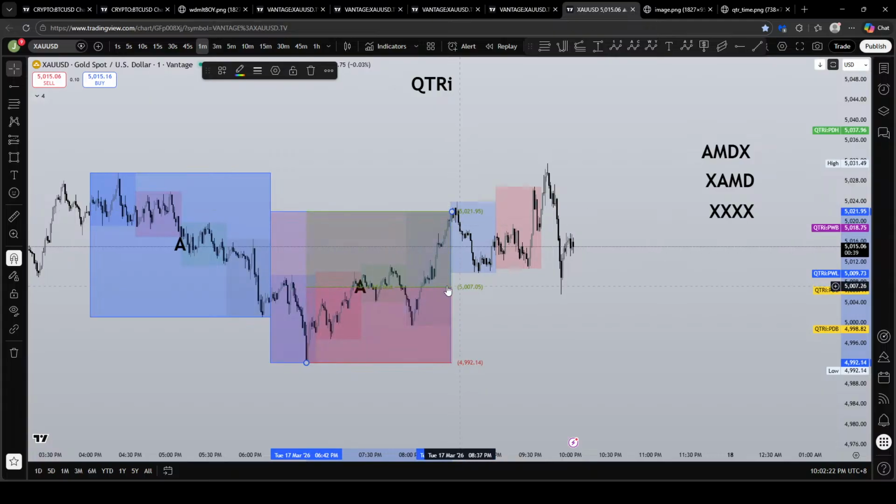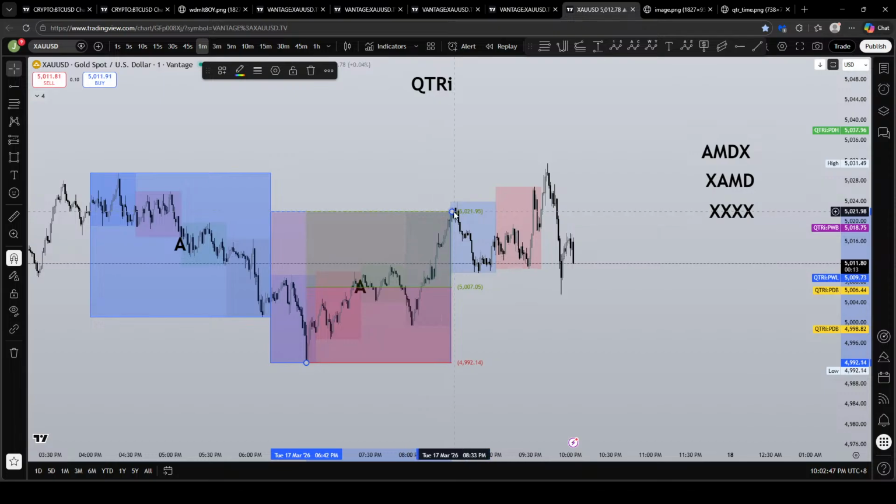But if the price is below the equilibrium, then there's a high probability that the low of that quarter will be taken. And in this case, since the price before the closing of quarter 2 was above the equilibrium, then the quarter 2 high was taken.